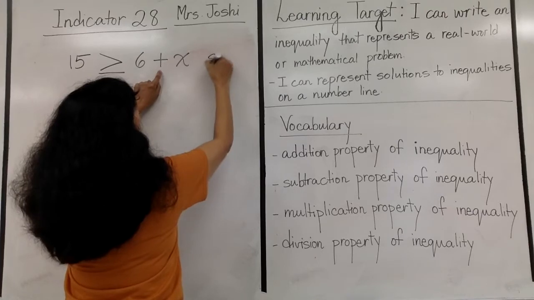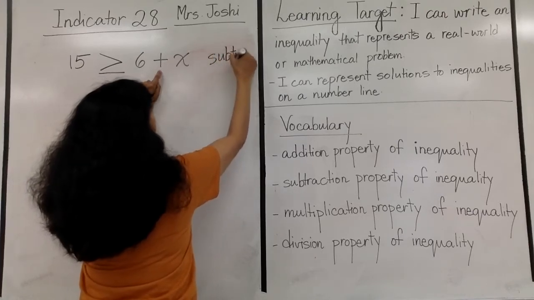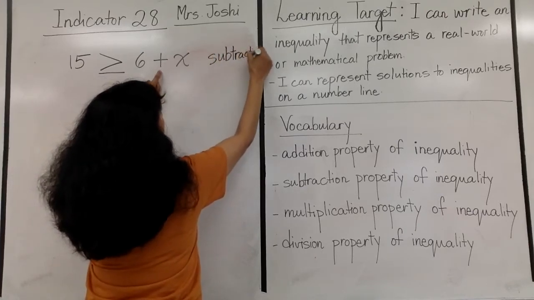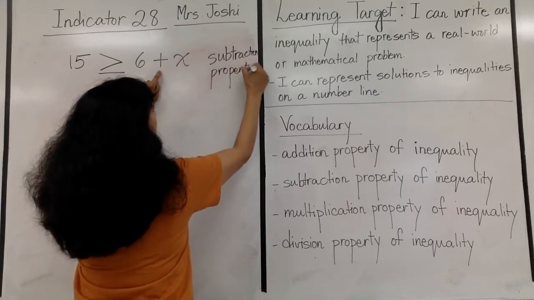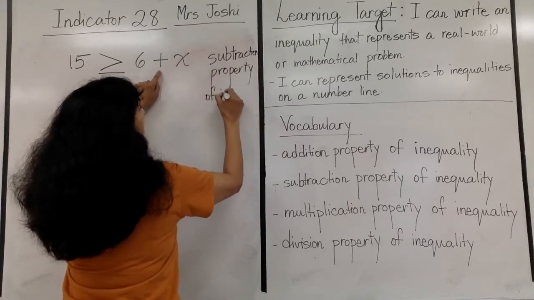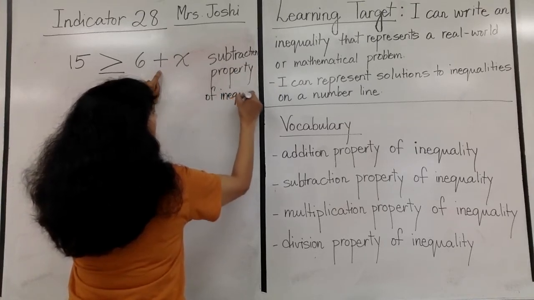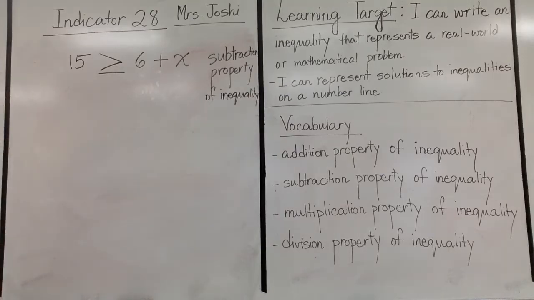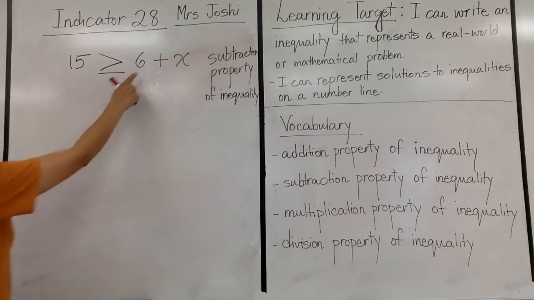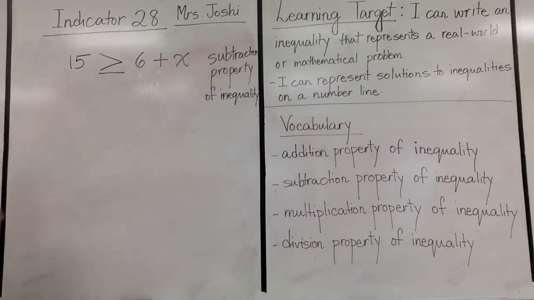So the opposite of addition is my subtraction property of inequality, because this is an inequality, okay? So now when I look at this, since this is plus 6, the opposite of that is minus 6.